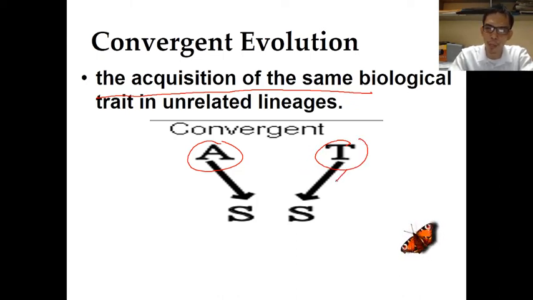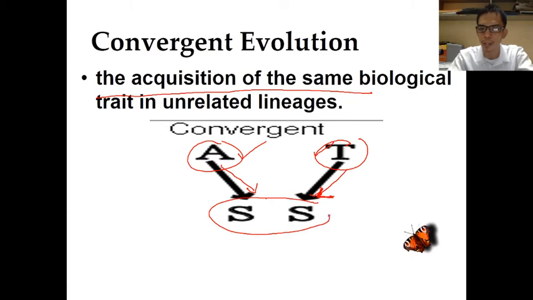They will likely develop a set of organs or structures that are the same. Same in what? Same in function, but different in structure. Why different in structure? Because these two are not related to each other, but they develop an organ which has the same function.